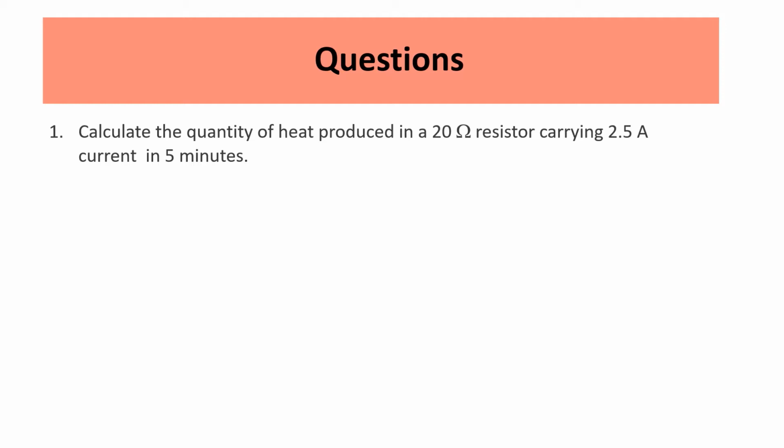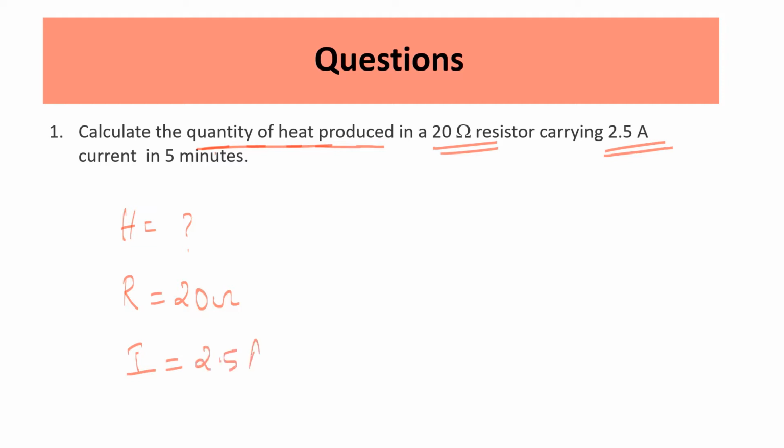From the question, it is clear that we need to find out the quantity of heat produced. H is asked in the question. The resistance value is given as 20 ohms, carrying 2.5 ampere current. I value is 2.5 ampere.